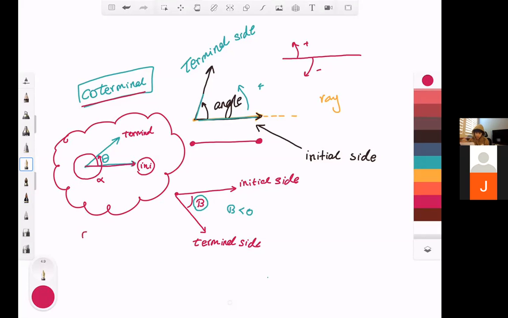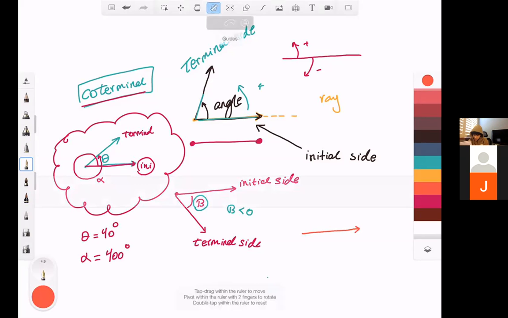For example, theta equal to 40 degrees and alpha equal to 400 degrees. If we graph them, for example, 40 degrees, this is 40, correct? This is 40 degrees.